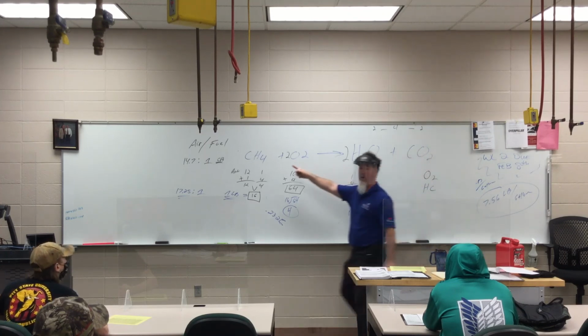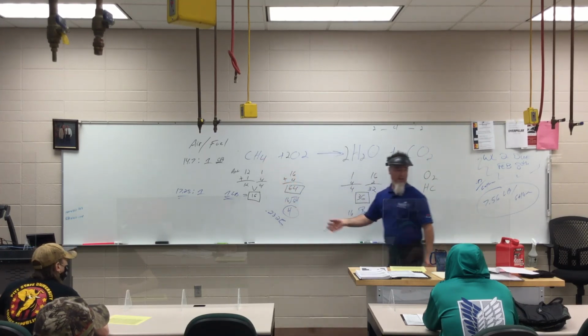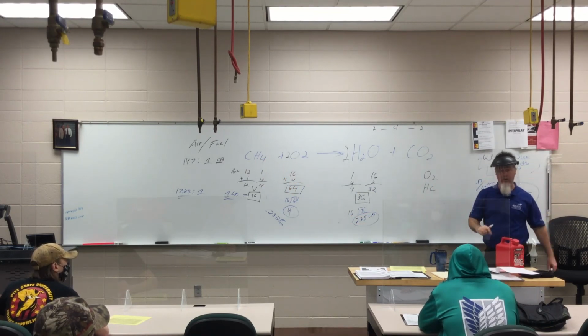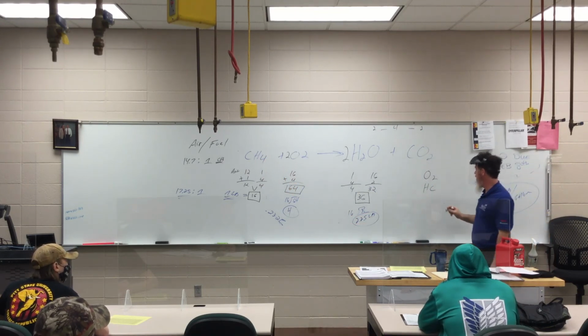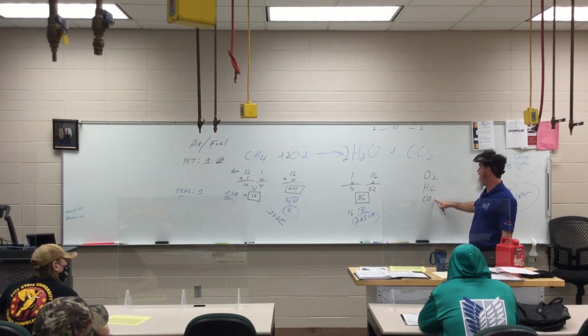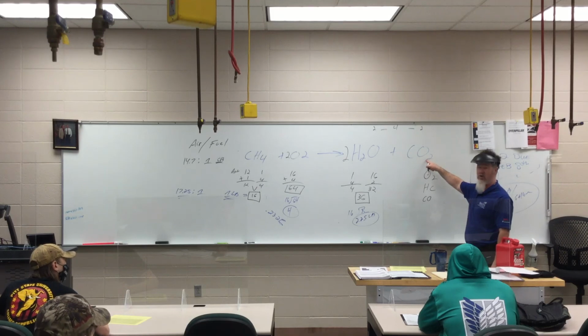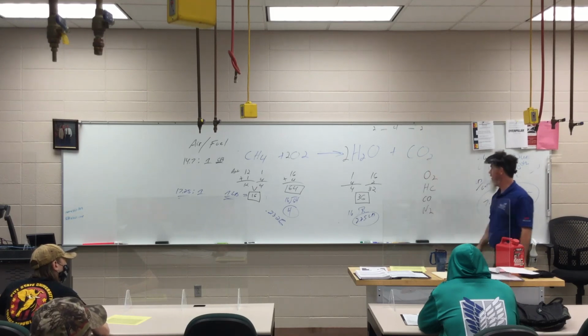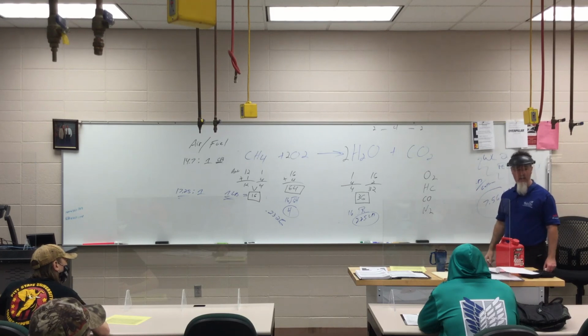You could get CH4 coming out if you don't have enough oxygen. Or if you have incomplete combustion, the spark plug is not firing really good, you have raw fuel coming out. You have CO, carbon monoxide, coming out if you don't have enough oxygen or too much fuel. You have nitrogen coming out if everything is okay.